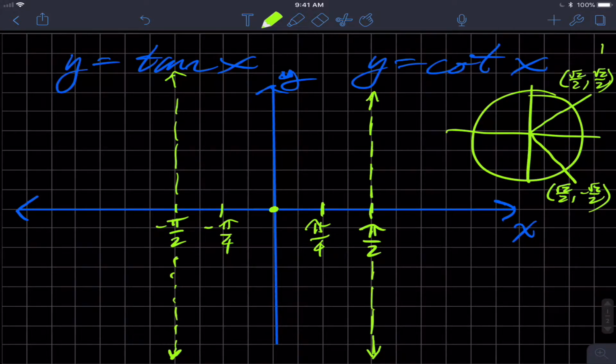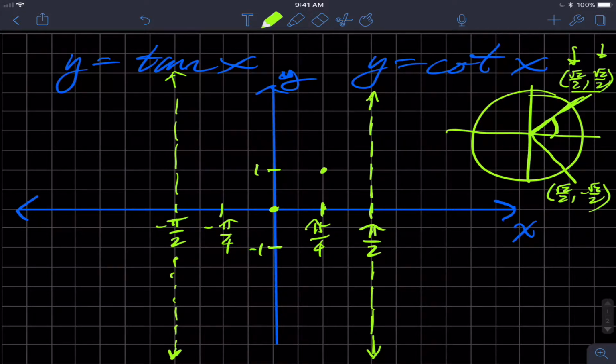When I take the ratio of y over x for tangent of pi over 4, I'm going to get radical 2 over 2 divided by radical 2 over 2, which is 1. So at an angle of pi over 4, I get a value of 1. Let's say that this is 1, and this is negative 1. And so I have a point here and a point there.